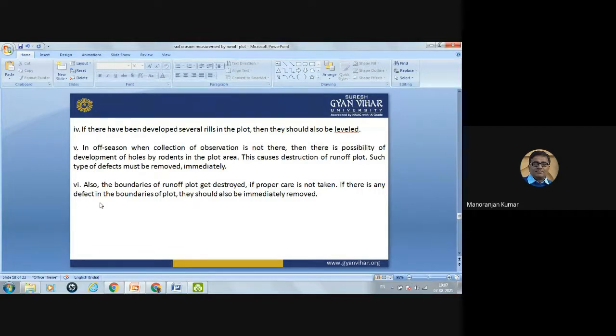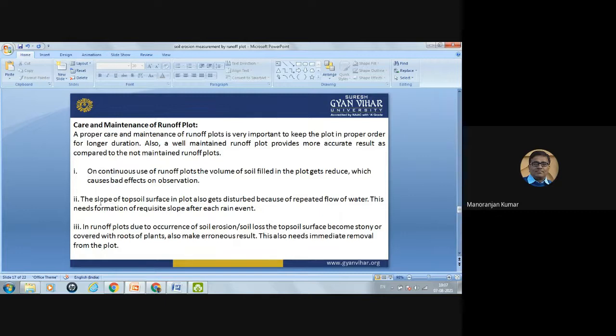Also, the boundaries of the runoff plot get destroyed if proper care is not taken. If there is any defect in the boundaries of the plot, they should also be immediately removed. So these are some points you should take care of in the maintenance of a runoff plot.